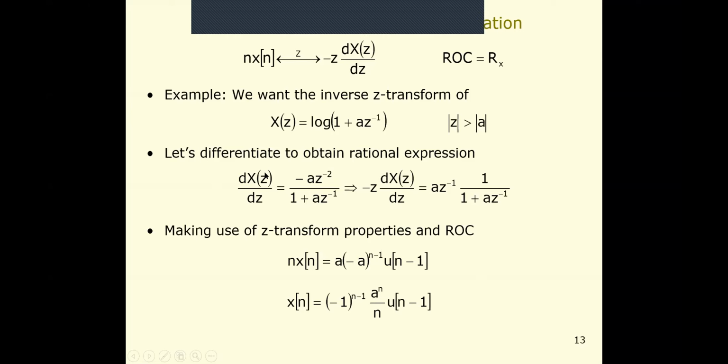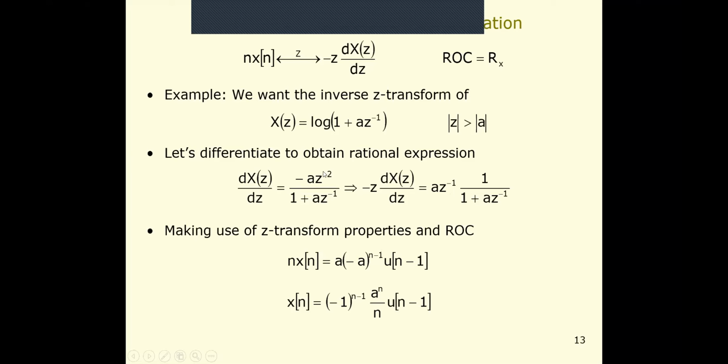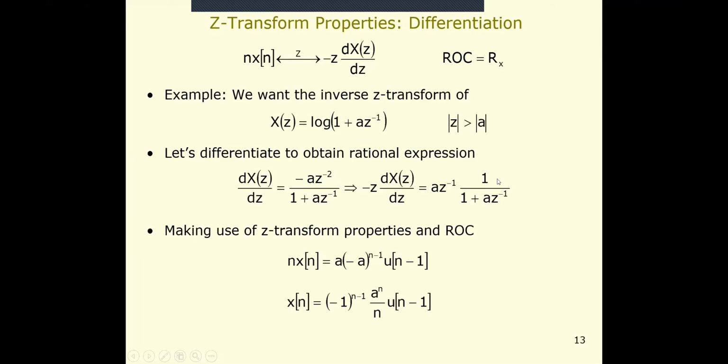Multiplying both sides of this equation, I mean this one, by z. Look, minus z dX of z by dz, and this one again multiplied by minus z. Minus with minus will be removed, and z to the minus 2 becomes z to the minus 1. Okay, now it will be a z to the minus 1 over 1 plus a z to the minus 1.